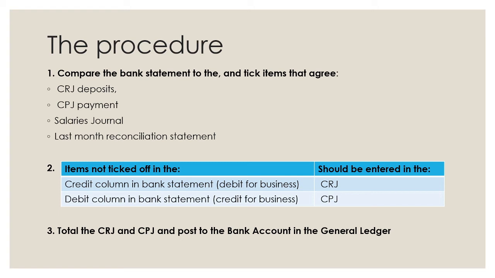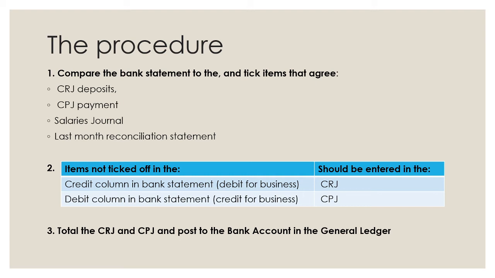In your CRJ, you're going to tick. So you're going to highlight all the credit balances in your bank statement, and you're going to agree that to your CRJ. If there's one that you haven't received, you make a mark next to it. The others will have tick marks. If there's one on the bank statement that you don't have in your CRJ, you're going to make a mark next to it, because then you know you still have to bring it into your books.